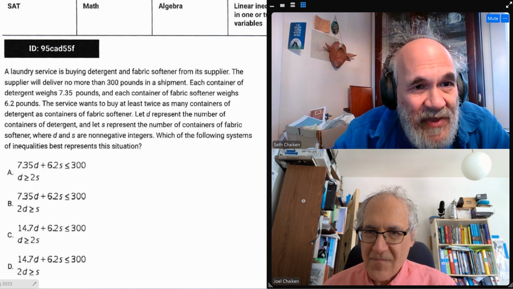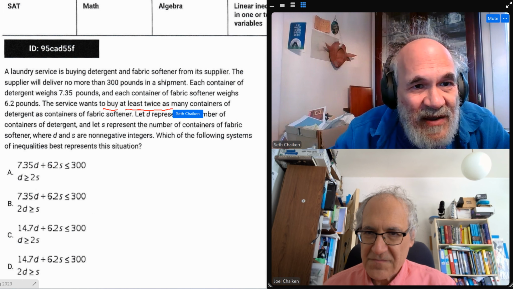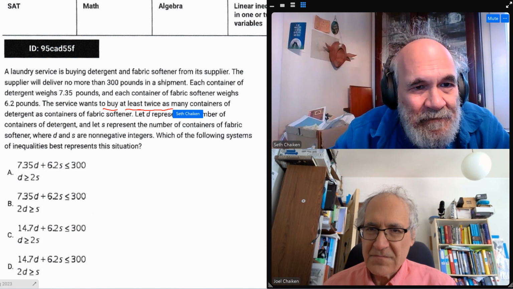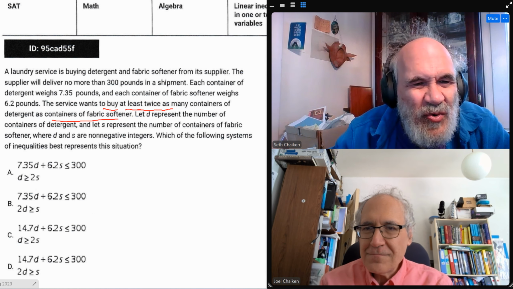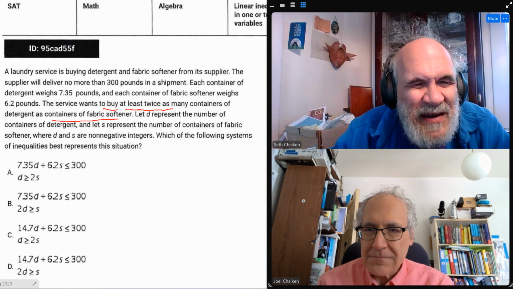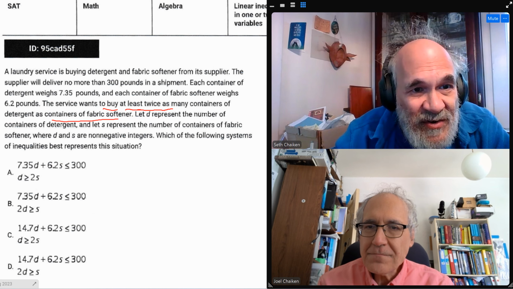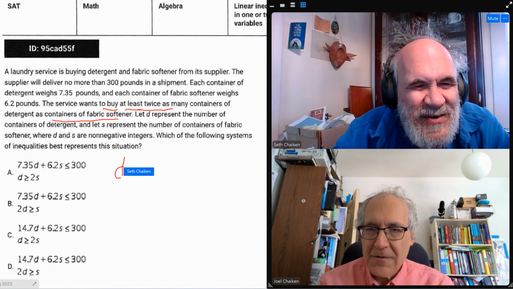First thing, they want to buy at least twice as many containers of detergent as containers of fabric softener. That's the harder one. D is the number of containers of detergent.